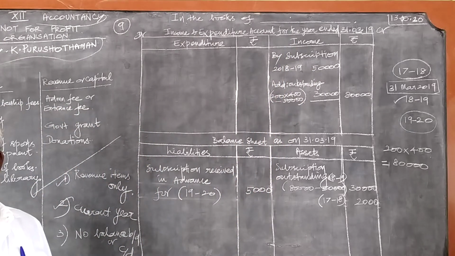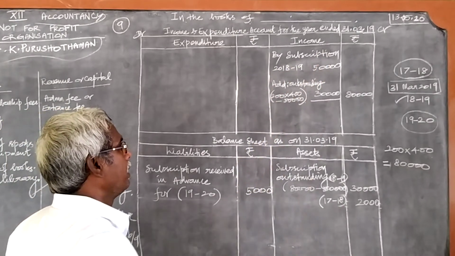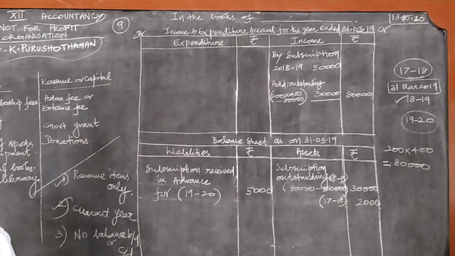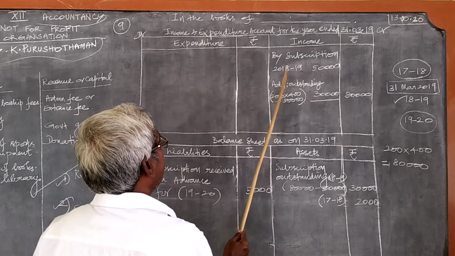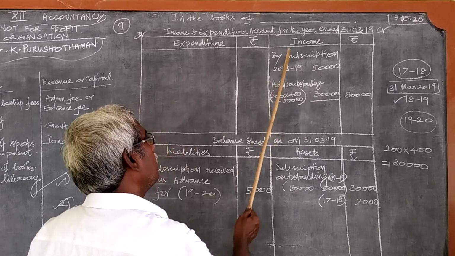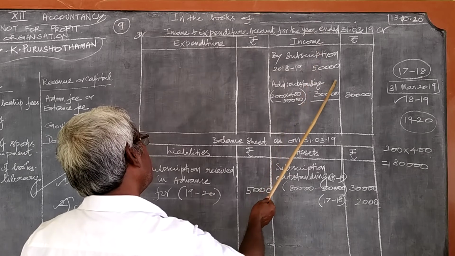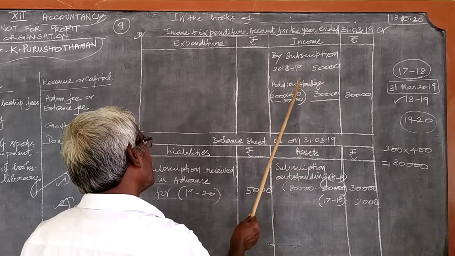It is given in the book as the second item, 18-19, rupees 50,000 I have written. But there are 200 members, each paying 400 rupees. So 200 into 400, 80,000 should have been paid. But how much has been paid? Only 50,000. Therefore, 30,000 is the balance that is outstanding.